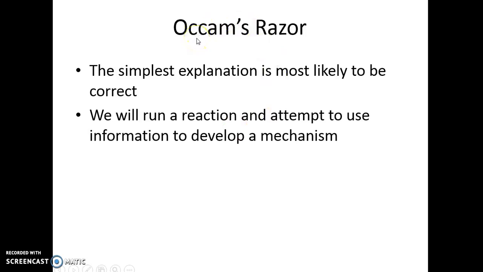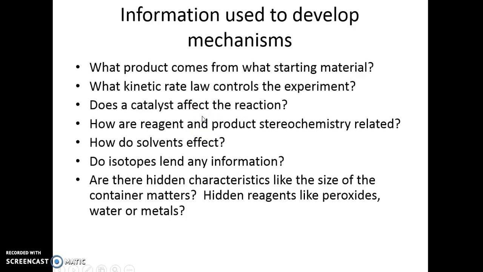There is a principle called Occam's razor, and basically what this is saying is the simplest explanation is most likely going to be the one that is correct. So we will run this reaction and attempt to use information to develop a mechanism, and the simplest one possible.